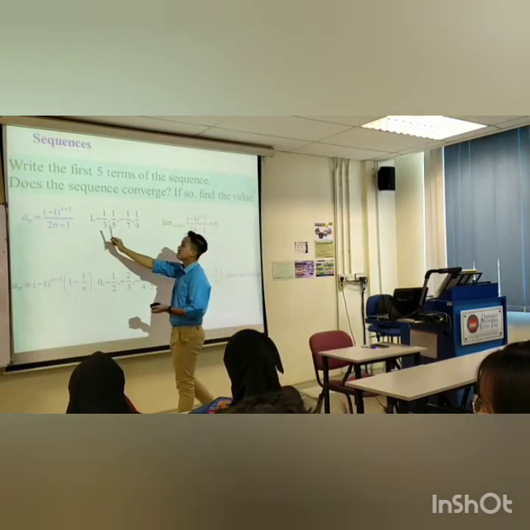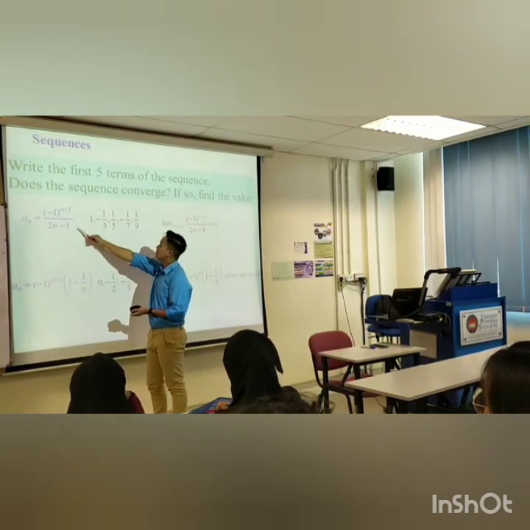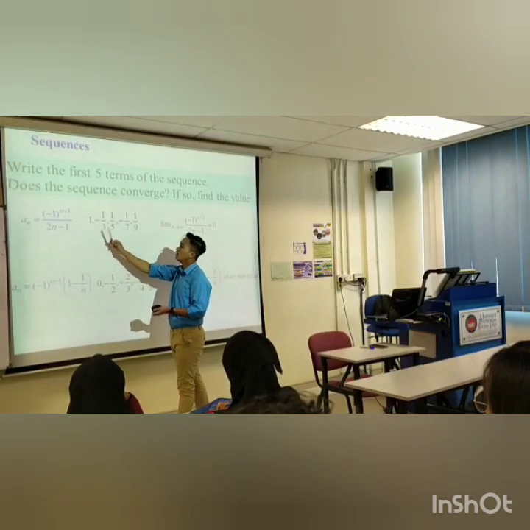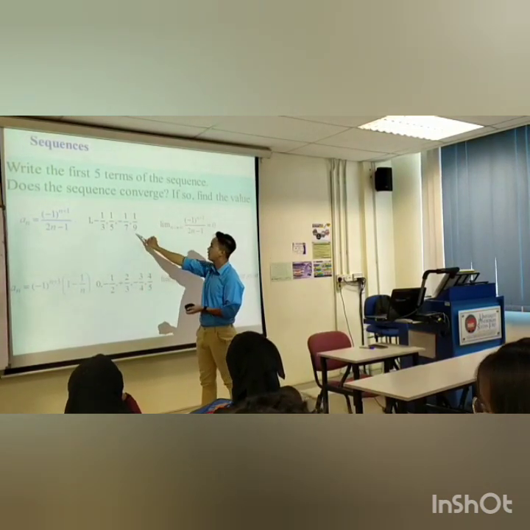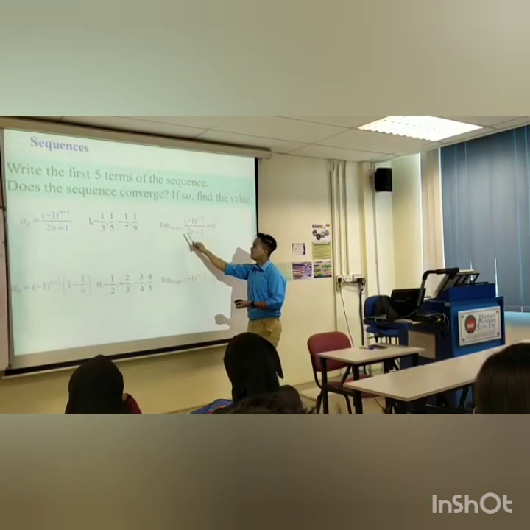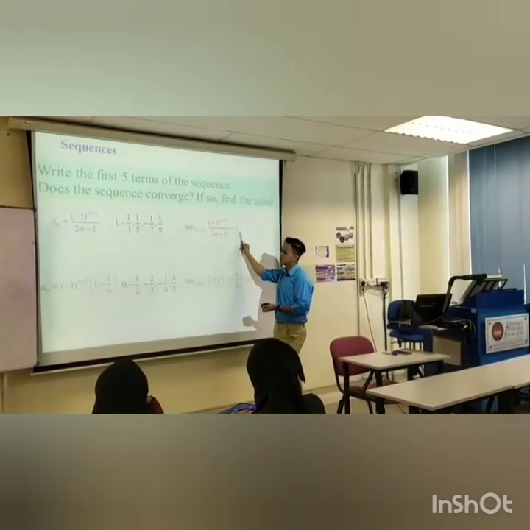So using this, we sub in the value 1 until we get the 5th term. And then as n approaches infinity, it will become 0.